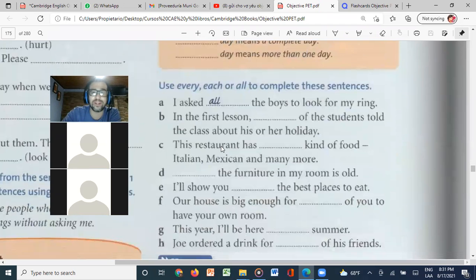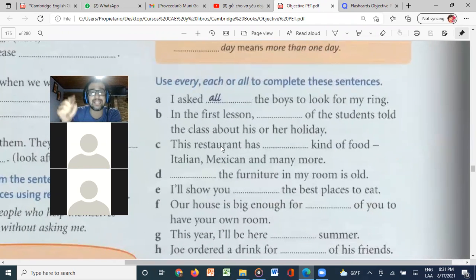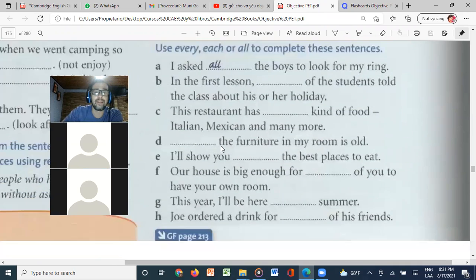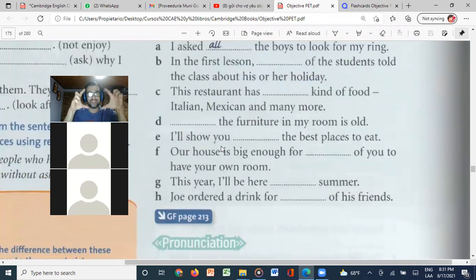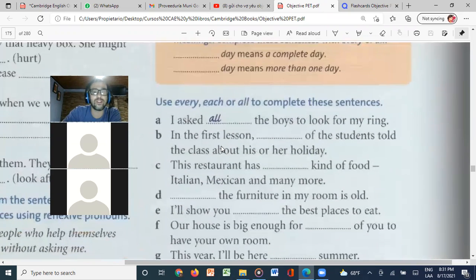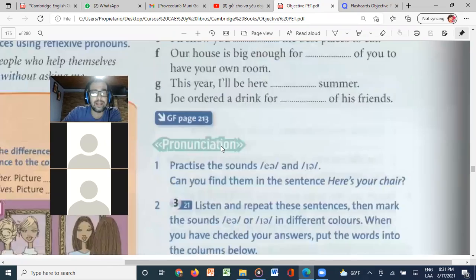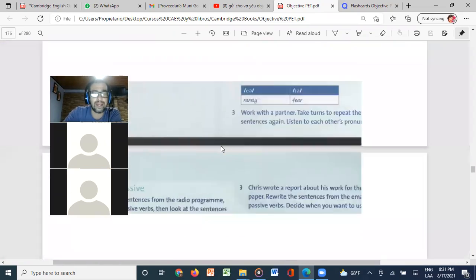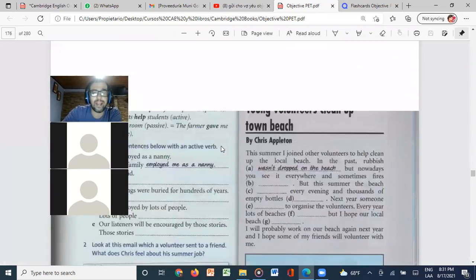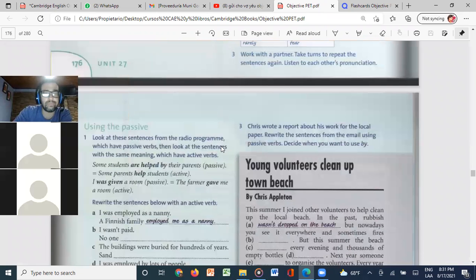And then over here, this one is also very important because we're going to complete these sentences using every, each, or all, okay? But remember that I'm going to send you those pictures, right? So that you can study with those pictures and try to do this practice, okay? For now, this is just like a review, right?